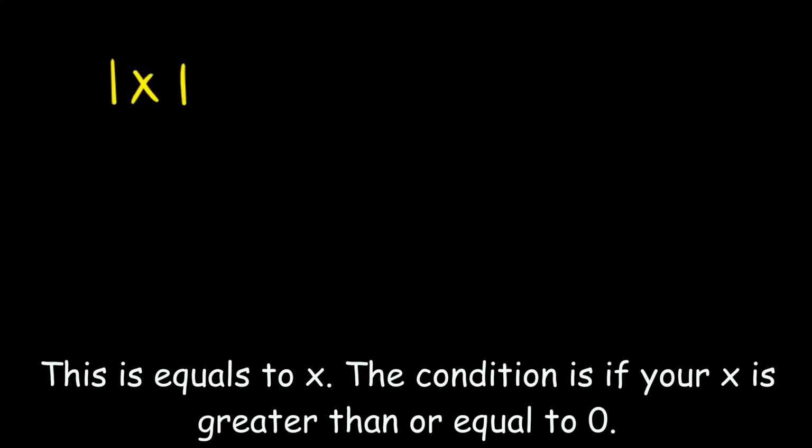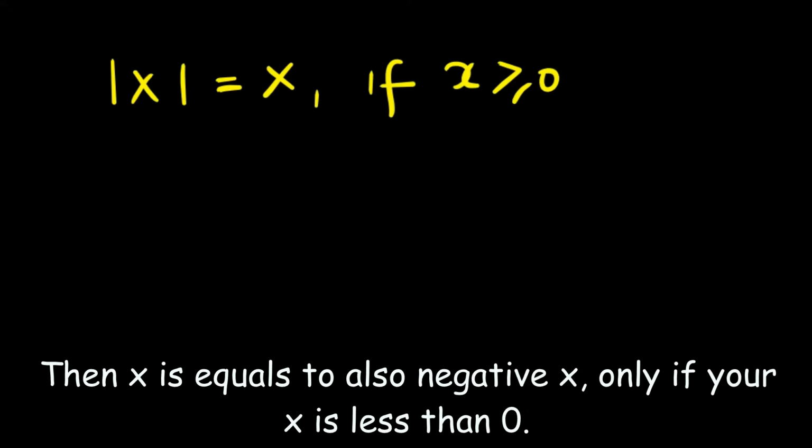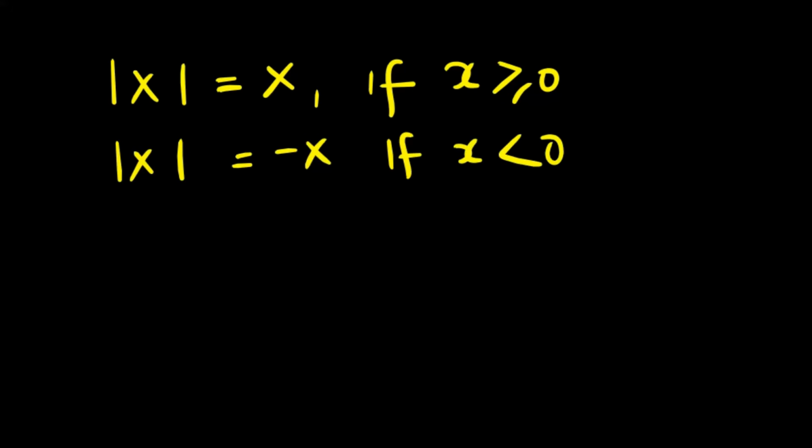The way we define a modulus function is, if I've got, let's say, the modulus of x, this is equal to x if your x is greater than or equal to 0. Then it is equal to negative x only if your x is less than 0. So what we mean here is that the modulus of a number can never be negative. You only want positive numbers.